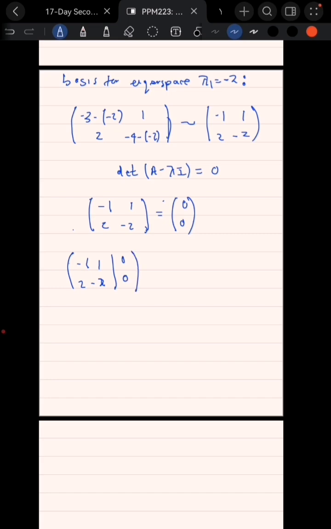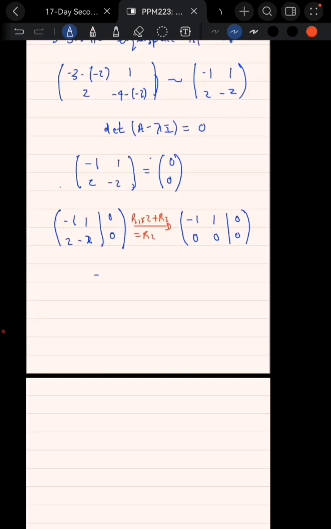Then we have to put this into reduced row echelon form and interpret the result in order to find the associated eigenvectors. By row reduction, we multiply row 1 by 2 and add it to row 2 to get the new row 2: minus 1 times 2 plus 2 is 0, 1 times 2 minus 2 is 0, and 0.